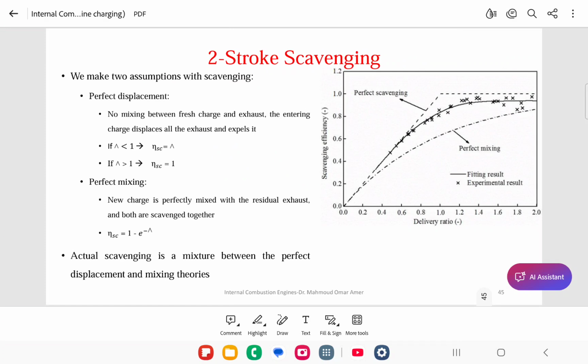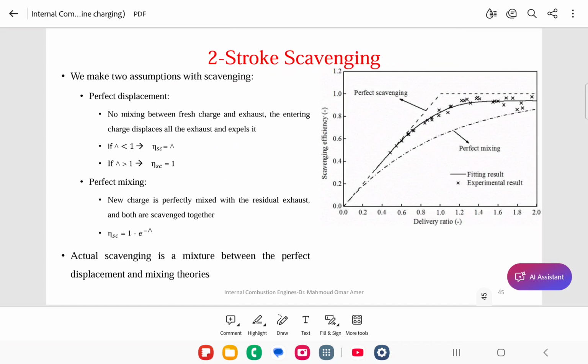Some of the exhaust is displaced with perfect displacement and some of it with perfect mixing. And this graph explains the relation between the scavenging efficiency and the delivery ratio for both perfect displacement and perfect mixing and the actual result.